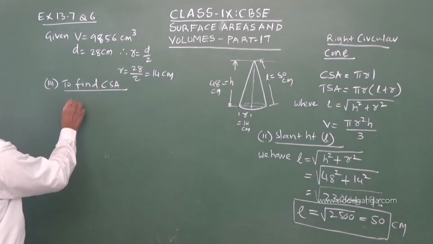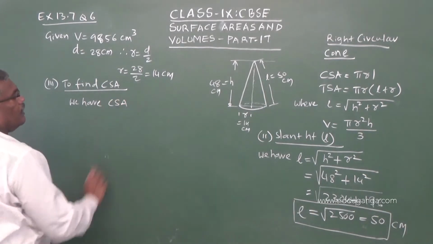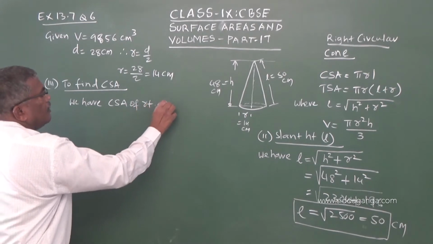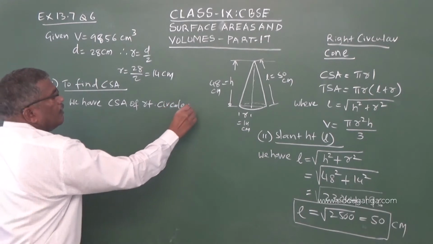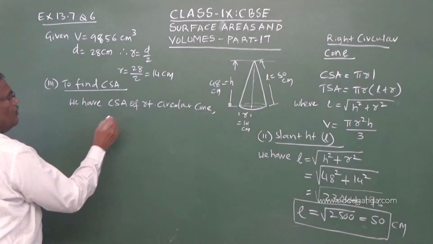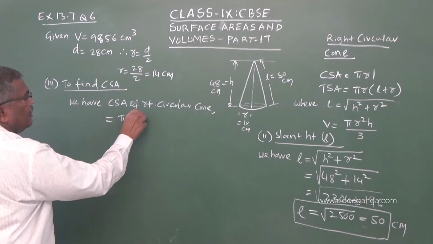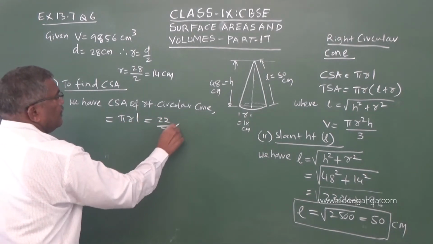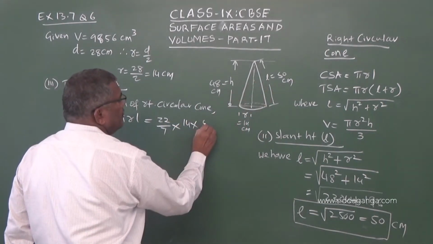We have the formula, curved surface area of a right circular cone is equal to pi r L. So that is equal to 22 by 7 into 14 into L, which is 50.